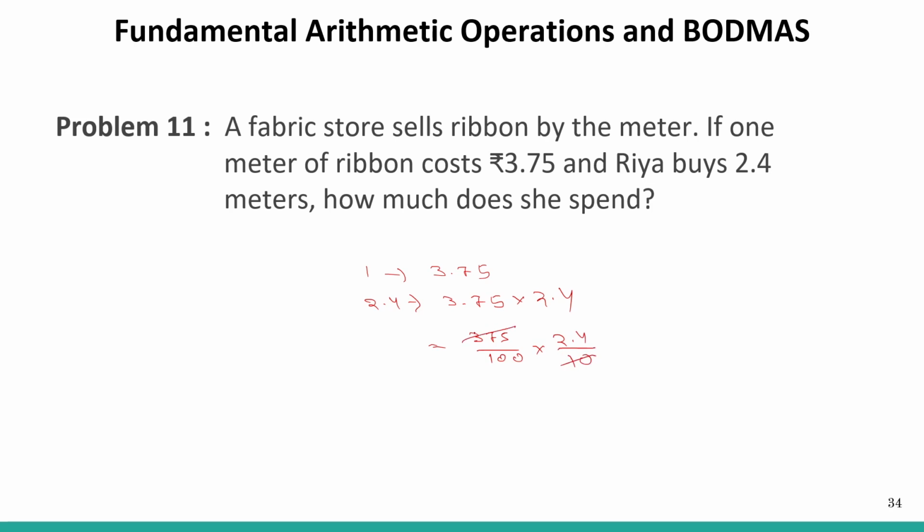So this will be 75 and this is 24, so this will be 12, 56, okay, so 75 by 50 into 6.